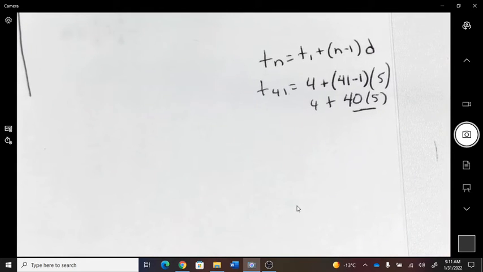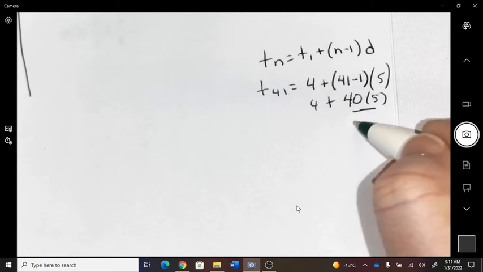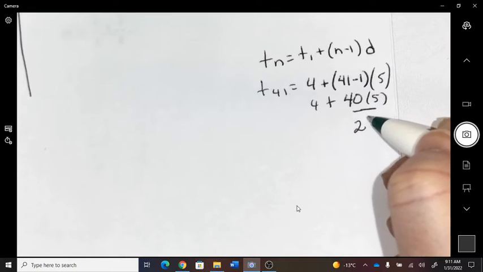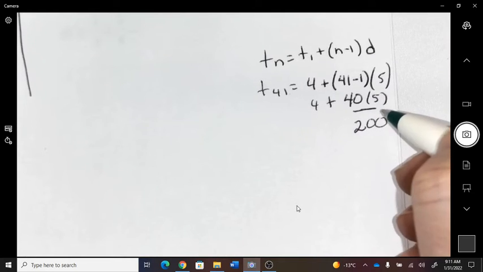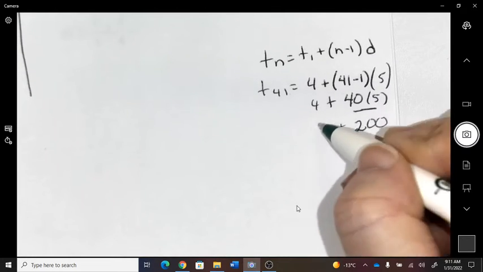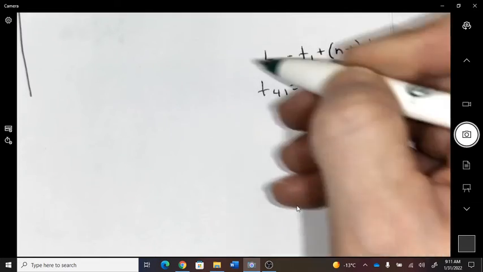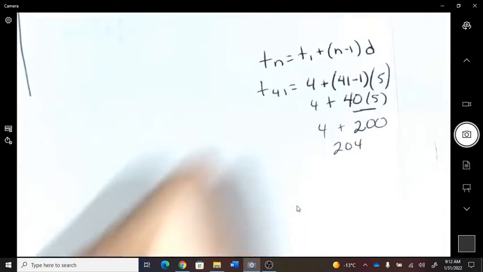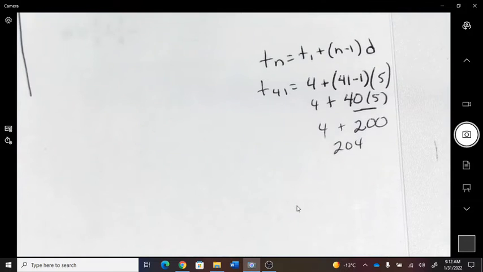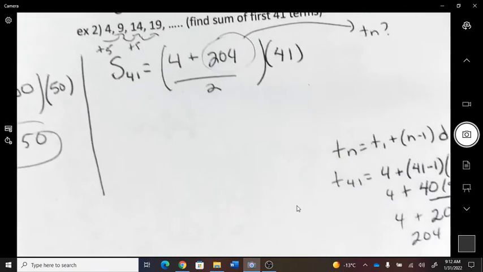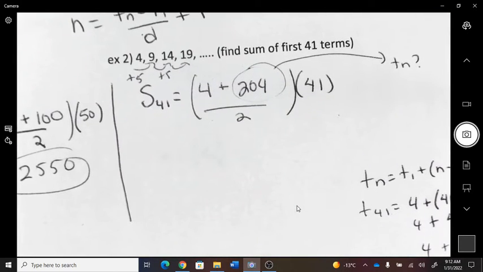Order of operations, multiply. So that is 200. So 204 is the last term. If I was to go up to 41 terms, that term would be 204, and that's the end of where I want to be.